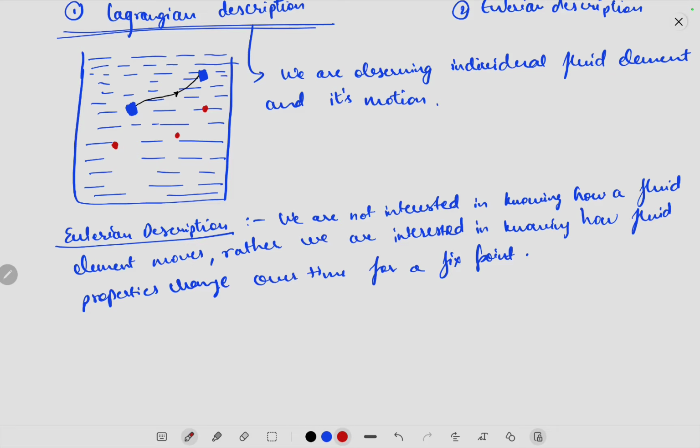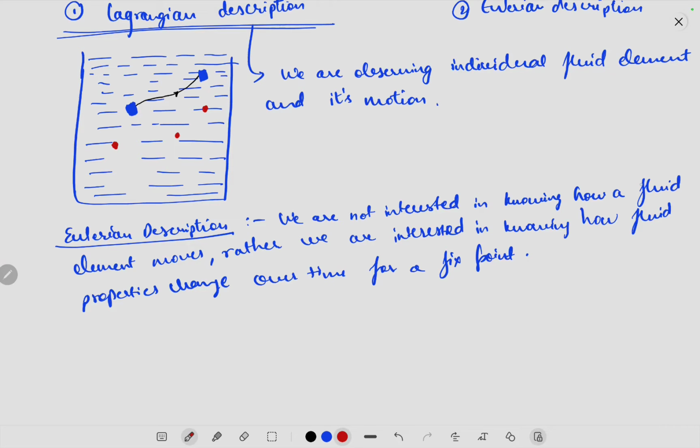So the reason for describing the fluid in Eulerian description is that the instruments that we build, let's say I have built a device for measuring the pressure value of, let's say, some fluid. Then I'll put that device in some particular location, right?